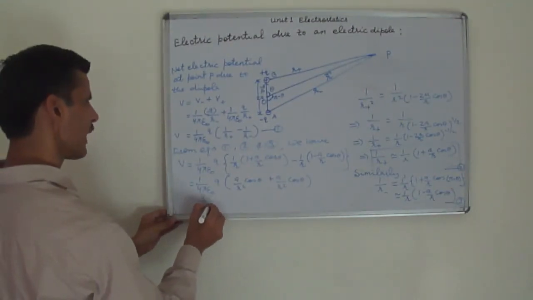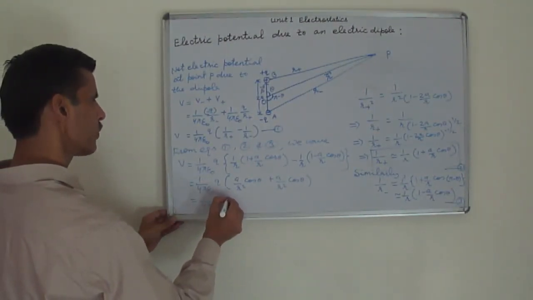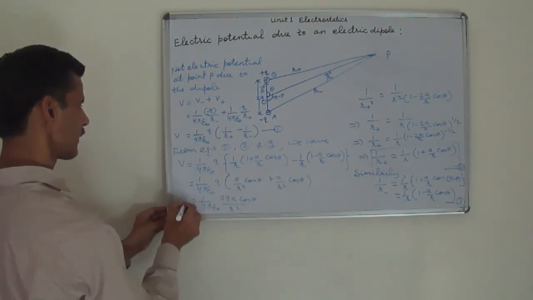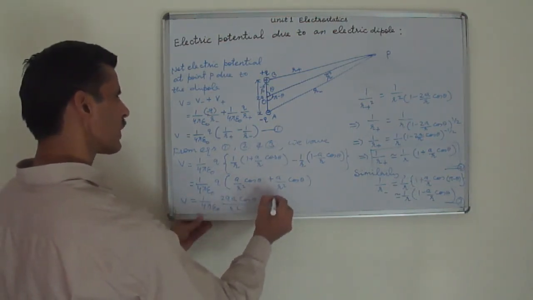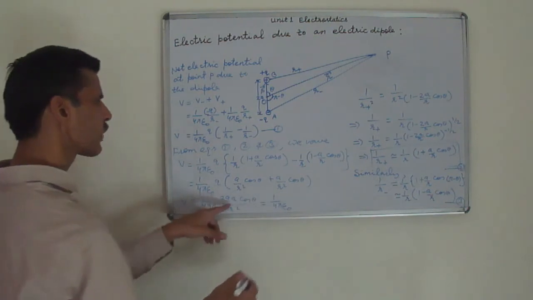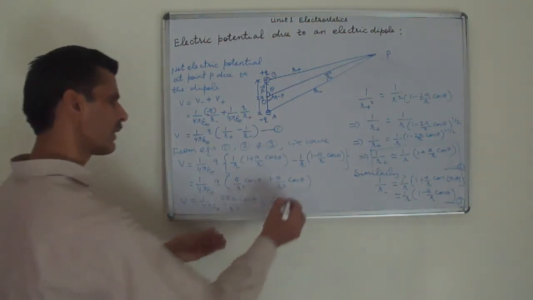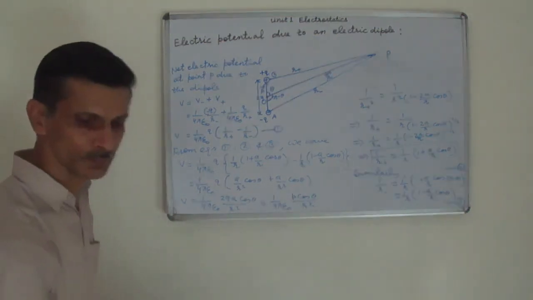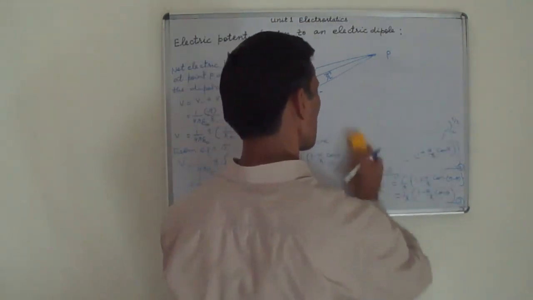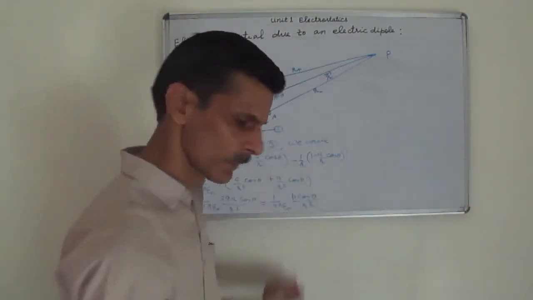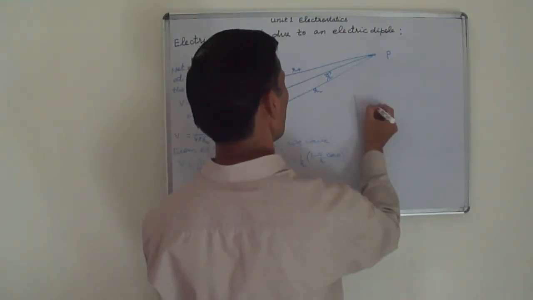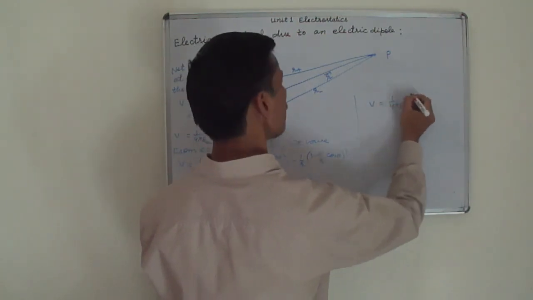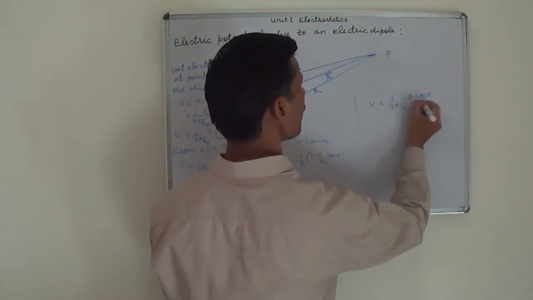So it becomes 1 upon 4 pi epsilon naught, 2qa cos theta upon r square. And 2qa, you know, is the magnitude of the dipole moment vector, p. So we have V is equal to 1 upon 4 pi epsilon naught, p cos theta upon r square.